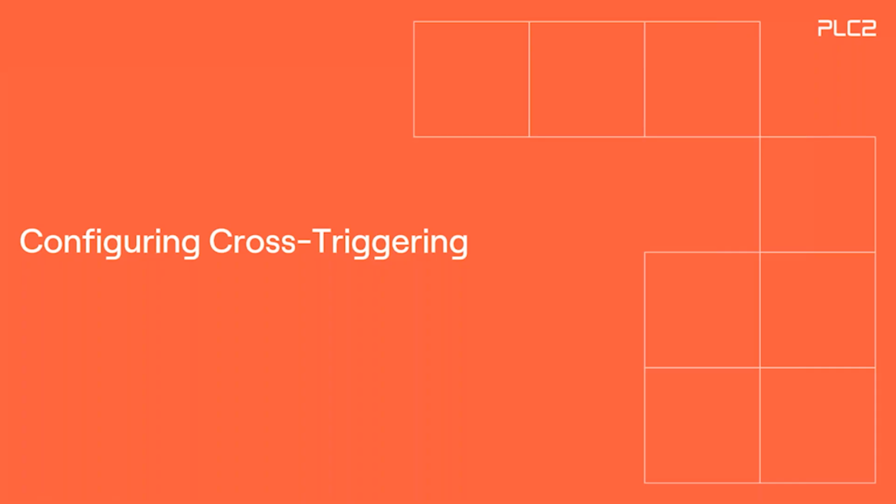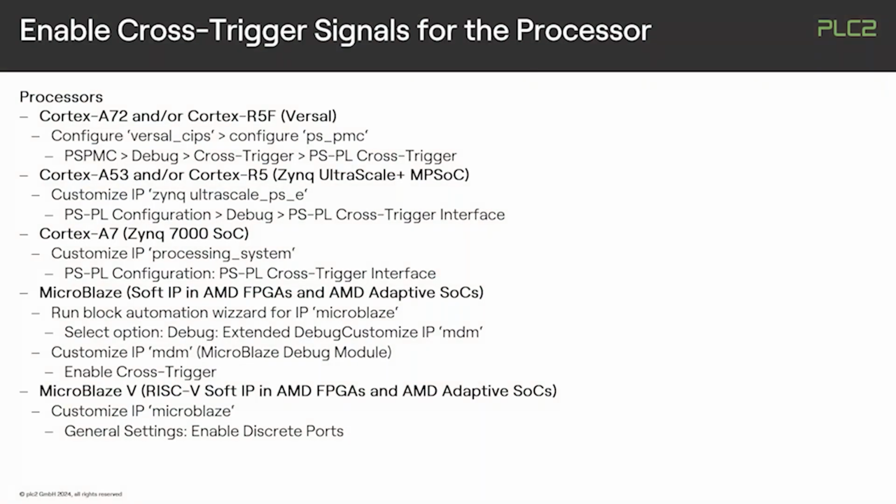Now we come to configuring the cross triggering. So we have seen what's needed at least to prepare the hardware by using these specific IP cores, and also that opportunity of debug architecture in a processor context.